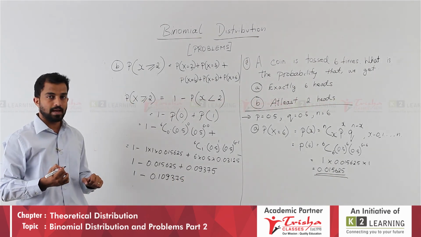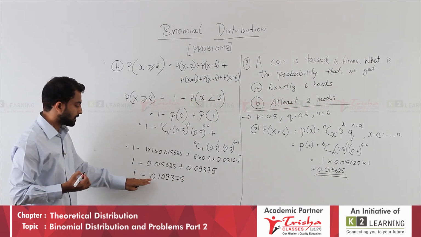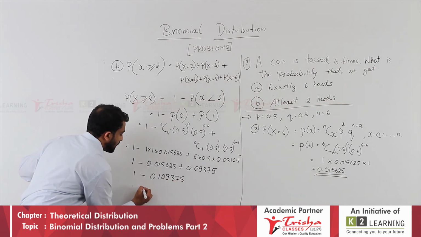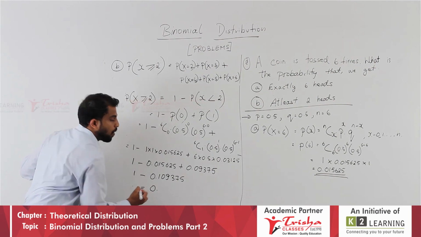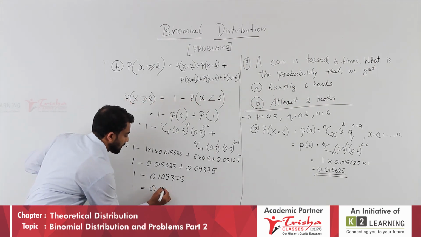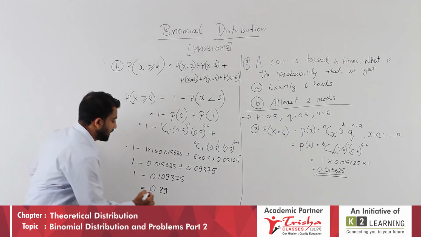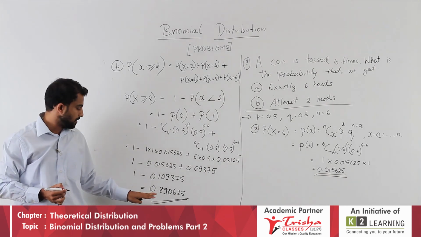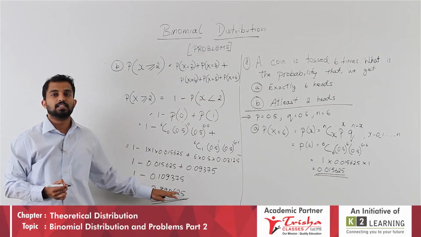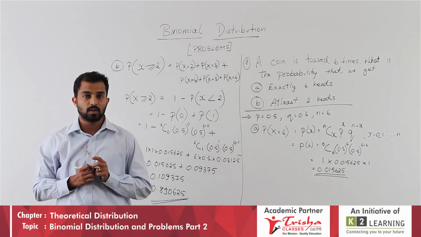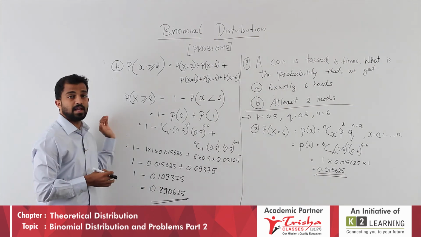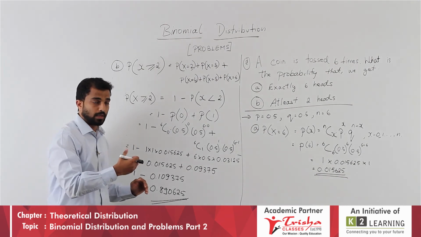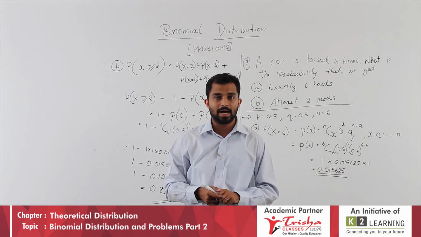And now students, minus it: 1 minus 0.109375, we will get the answer 0.890625. You should get the answer 0.890625. So understand, students, this is the way we have to solve the problems based on binomial distribution. Let us look into another two problems of binomial distribution.